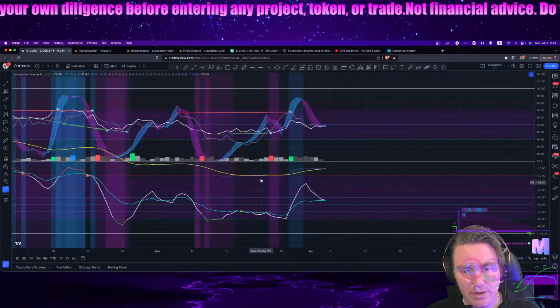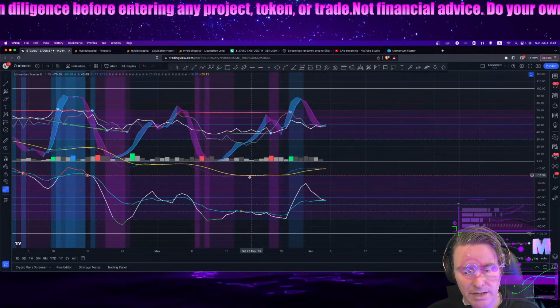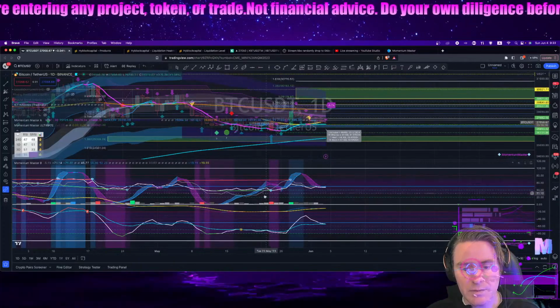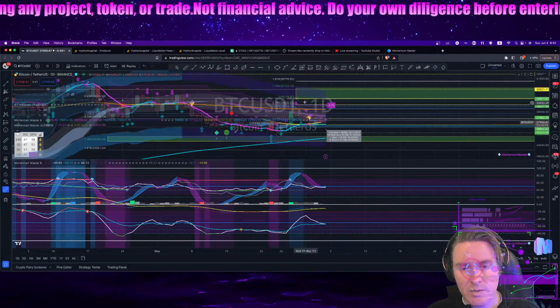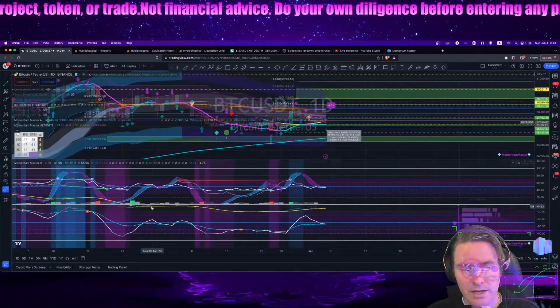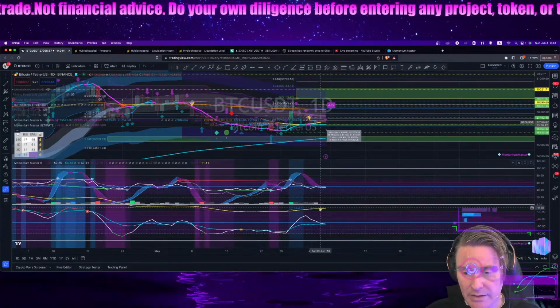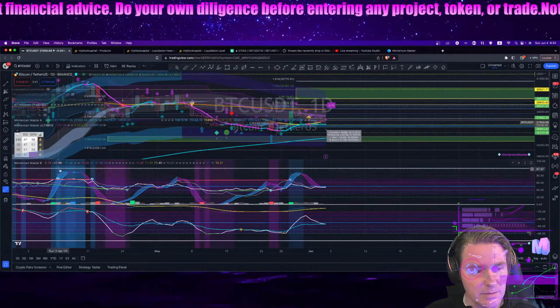Let's see, when did it cross up here? It crossed up here on Saturday, May 20th, and that was before your move to the upside. So when they cross up, it preempts a move up, and if it crosses down, it preempts a move potentially down. So we have yet to cross down on the MACD, so that's something to note.